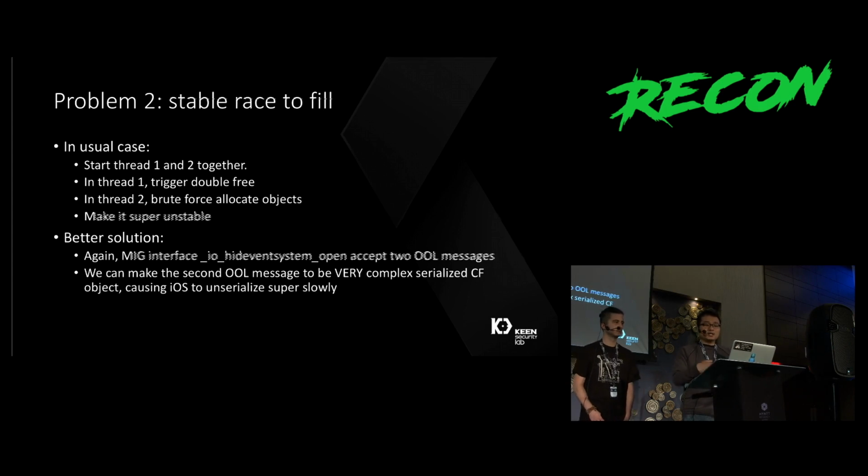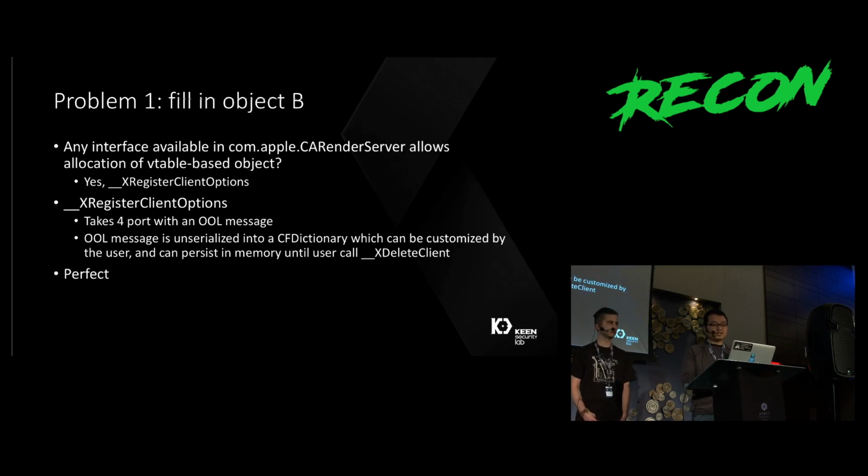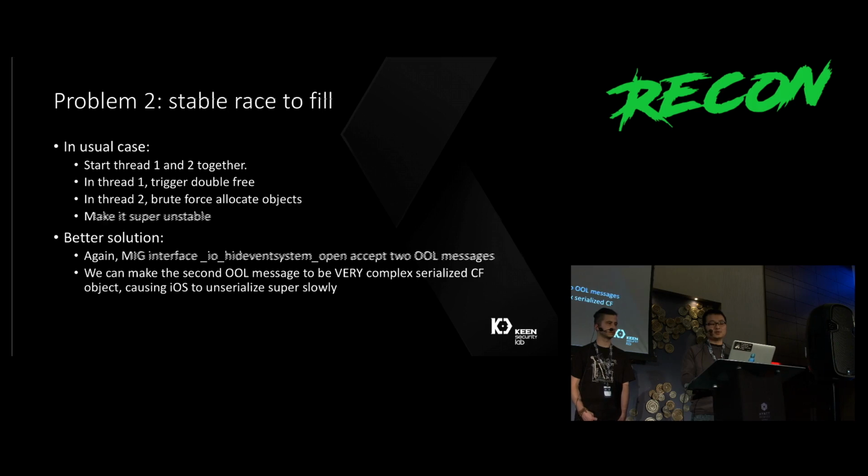But the problem is, is there any method for us to make a stable race? Because if we do this kind of race, the time window between the 2 frees is small, and we cannot ensure that we can 100% fill it in. If it failed, it makes the exploit very unstable, maybe crash.